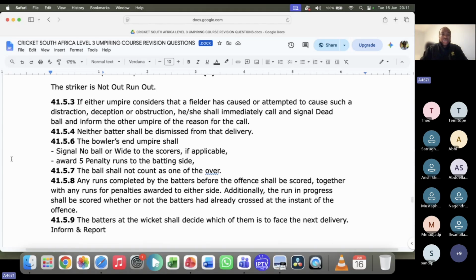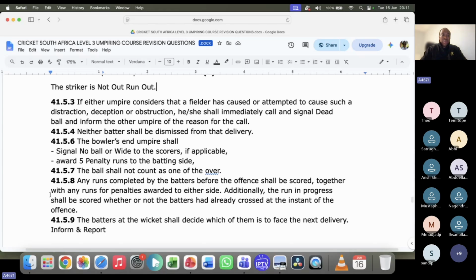The ball shall not count as one of the over and needs to be rebowled. Any runs completed by the batters shall count. Additionally, the run in progress shall be scored whether or not the batters had already crossed at the instant of the offense. The batters at the wicket shall decide which of them is to face the next delivery.